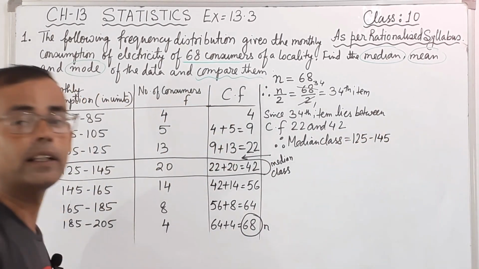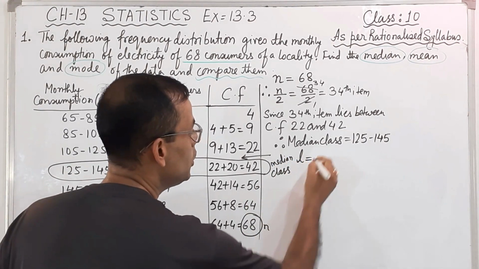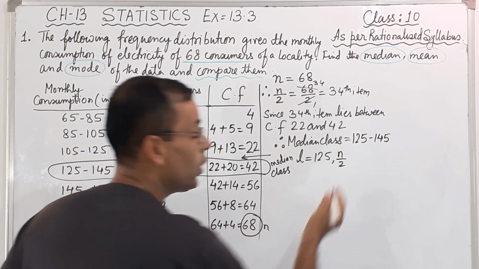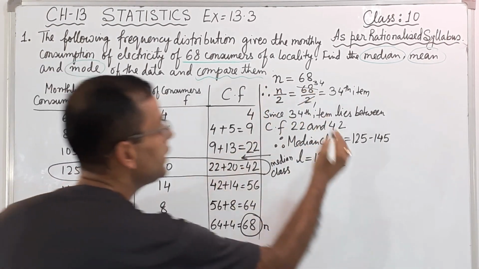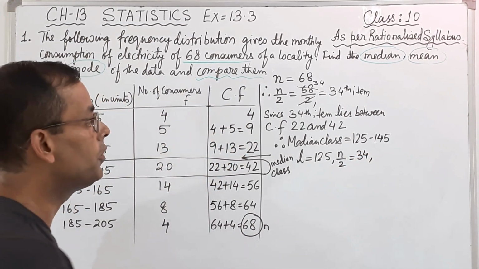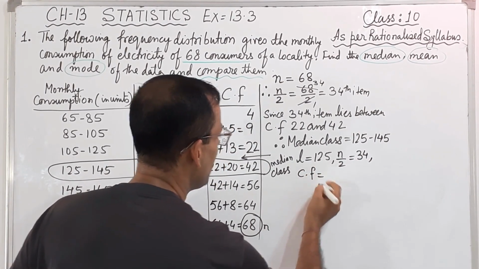So we got the median class. Once we got the median class, now I can write L equal to 125, comma, then N by 2. So N by 2 is how much? Already you got it. 34. Then after that we will find out CF. So CF is how much?